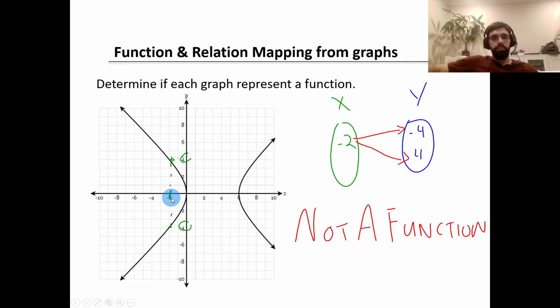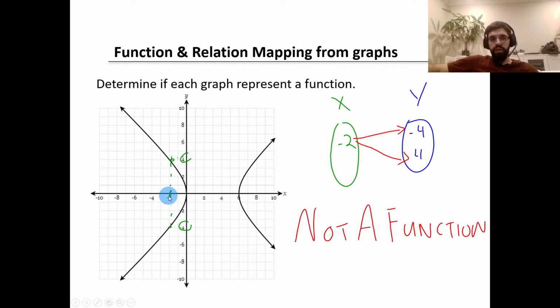So now this example, we've got kind of a hyperbolic situation here. Is this a function? No. And I can clearly see it's not a function if I examine the x value of -2. At -2, if I go above the x-axis, I see that this graph tells me that it maps to the value of +4. So -2 maps to 4.